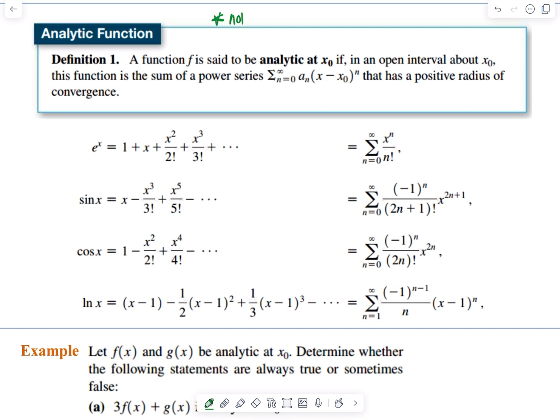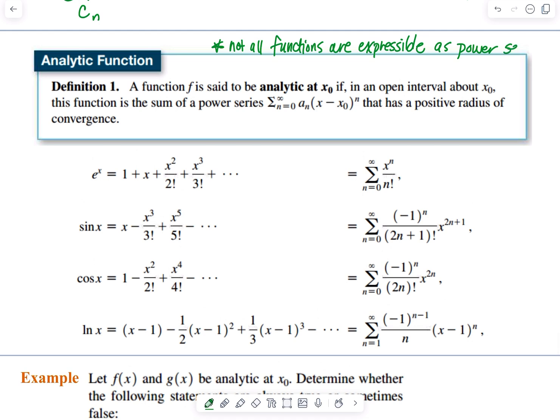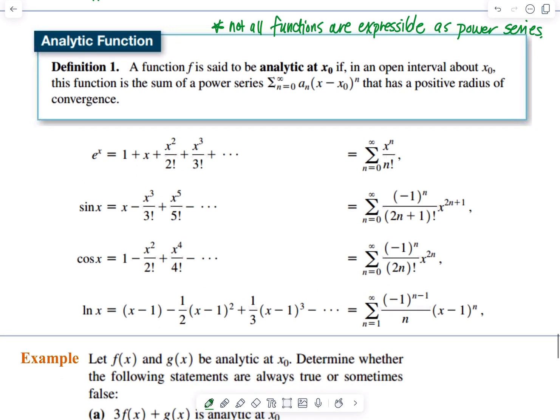Not all functions are expressible, or can be expressed, as a power series. So there are certain functions that can be, and we call these analytic functions.